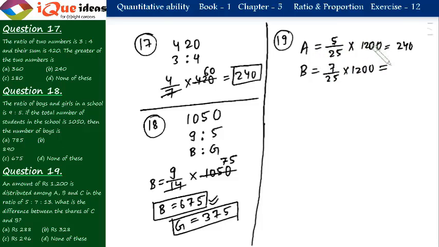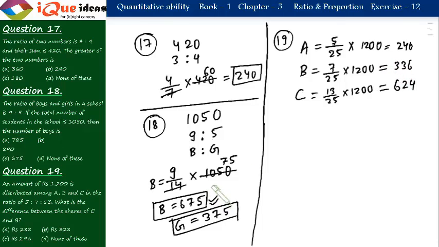That is 48 into 7, 350 minus 14, that is 336. And share of C would be 13 upon 25 into 1200. That will be equal to 48 into 13. So 13 5s are 650 minus 26, 624.